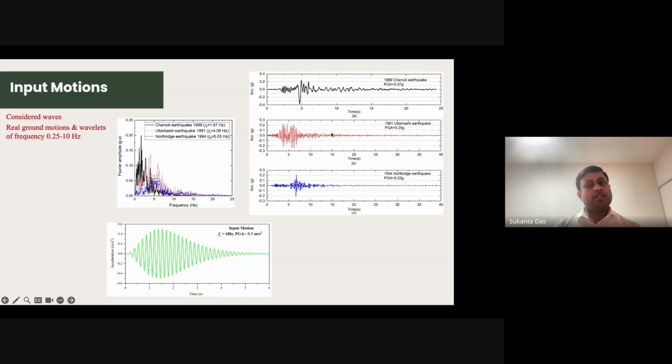In our study, we considered the typical Chamoli, Uttarkashi and Northridge earthquakes to see the damage and the effect of the earthquakes, and also a wavelet, called Cheng's wavelet. We applied it with different central frequencies, and this is the predominant frequency, which varies for different earthquake ground motions.